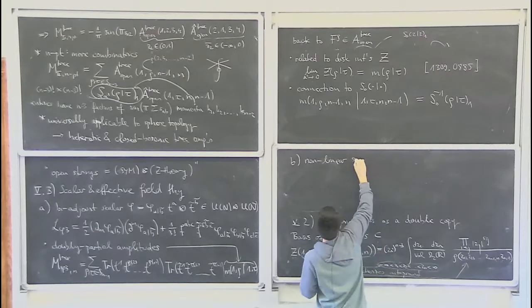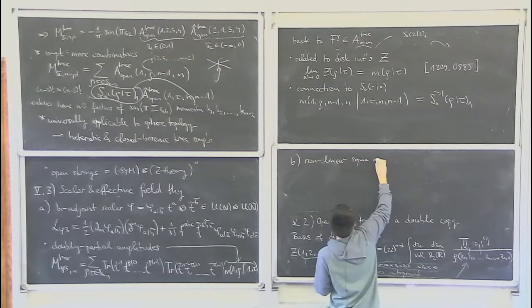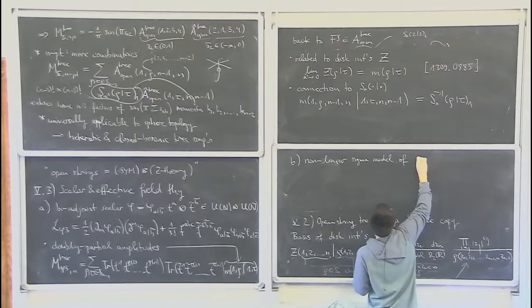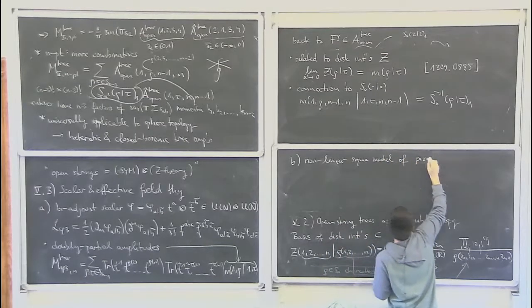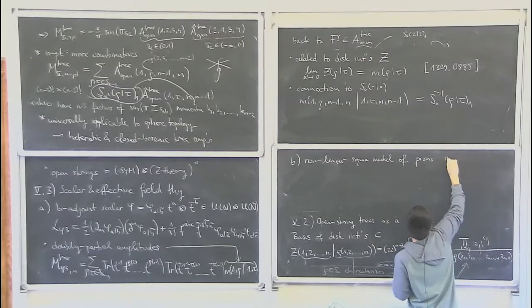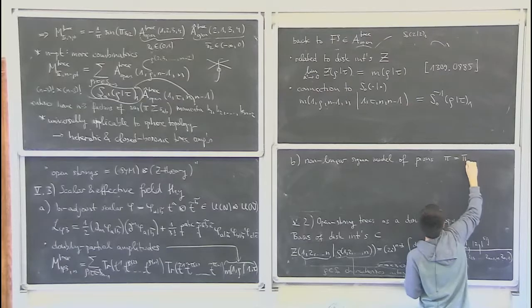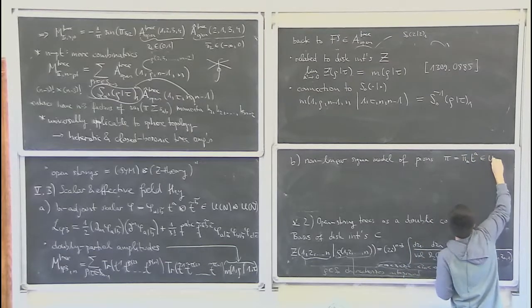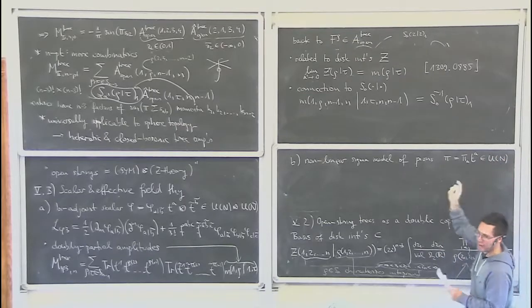So there's a nonlinear sigma model of pions hiding in the low energy regime of the Z integrals. Here I'm looking at a pion field which is valued in just a single copy of U(N), not a bi-adjoint field anymore.